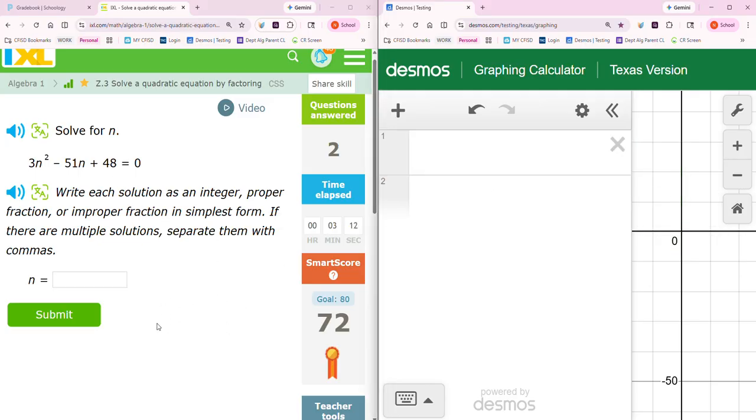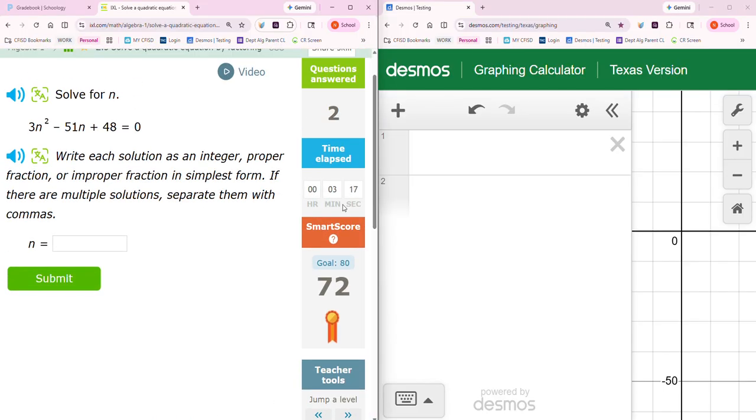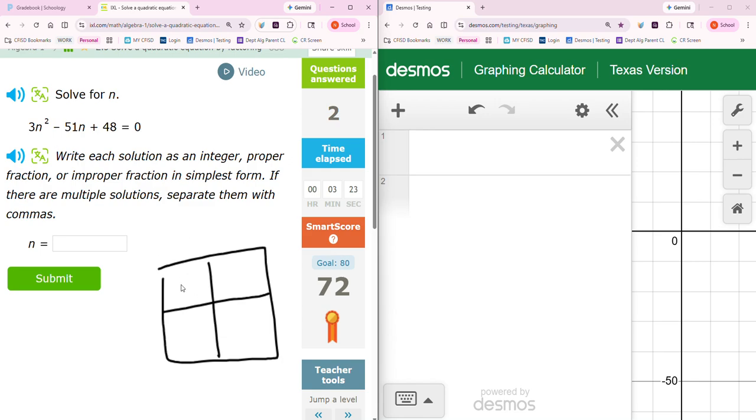So on this problem, I'm going to need to do my area model. And what that means is I'm going to draw my box. And I'm going to put that first term in the area for the first box. So 3n squared, and then I'm going to put 48 in the last box.